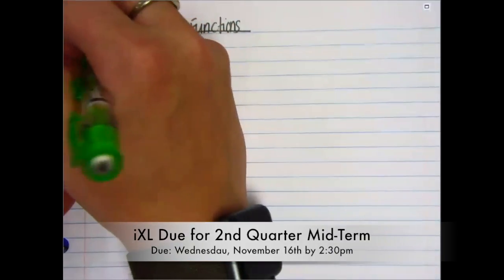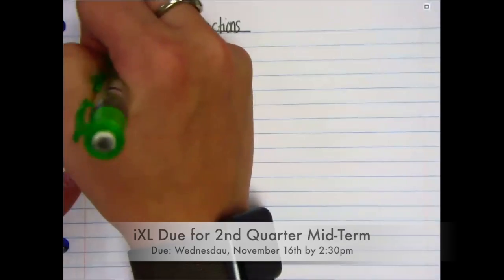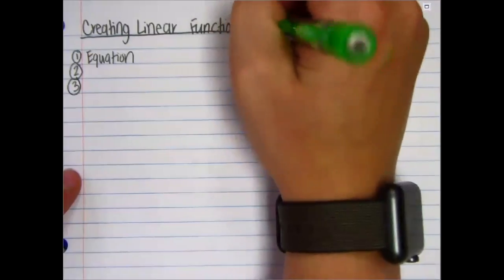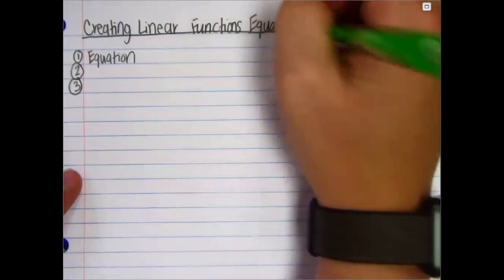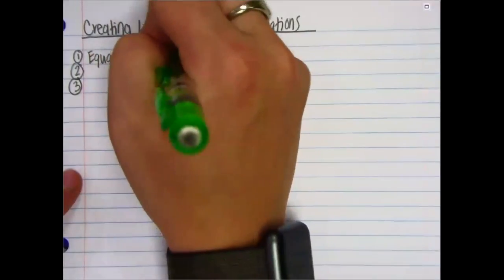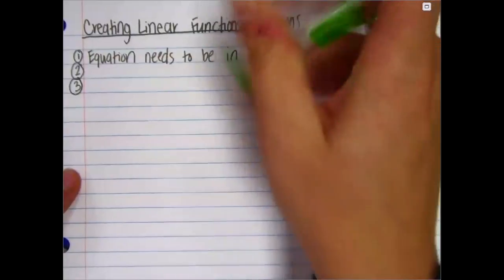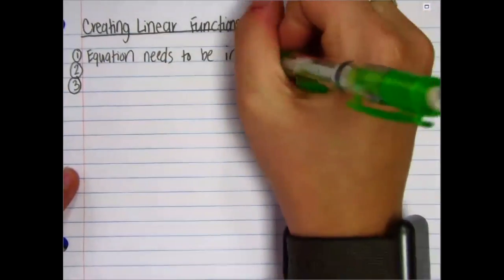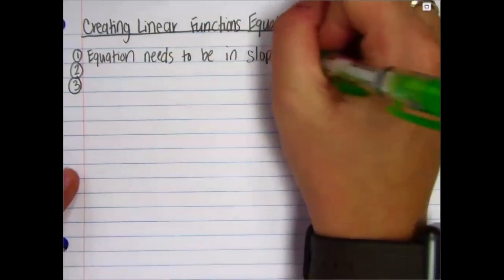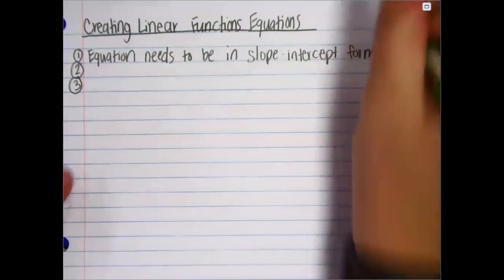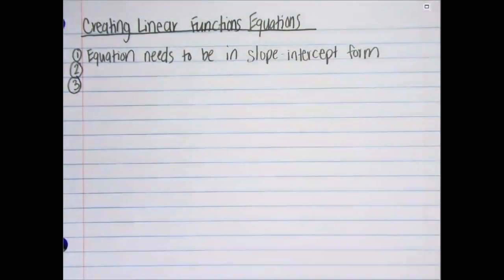So your equation needs to be in slope-intercept form. If an equation is in slope-intercept form, what are the 2 things you need? You need a slope and you need a y-intercept.